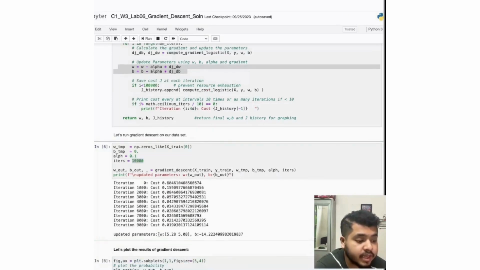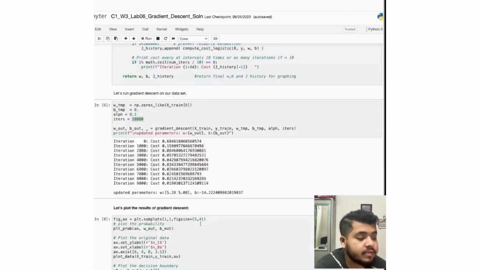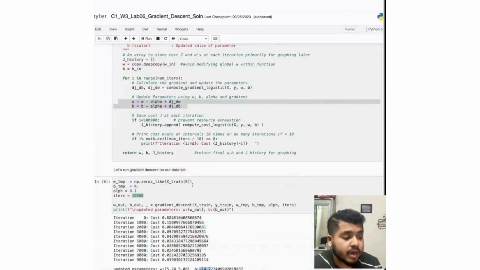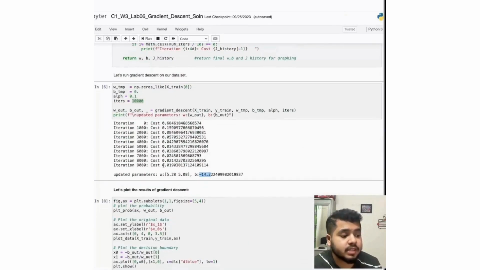Here we can see that we have come up with the w values and b. For x1, w is 5.28, for x2 the w value is 5.08, and we have a b value of minus 14.22. So we are running the gradient descent over and over again until the cost function has reached its minimum.